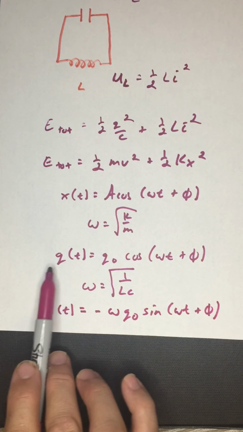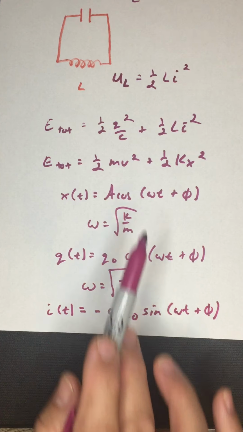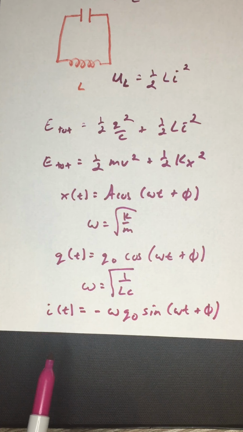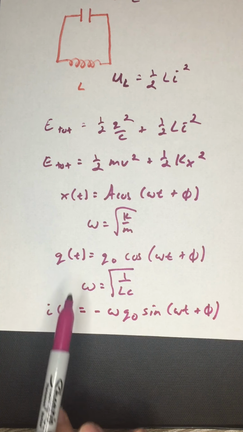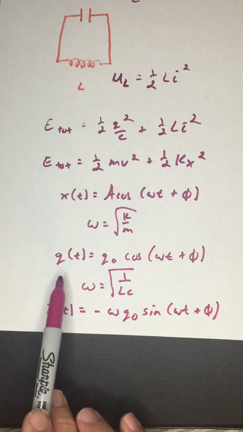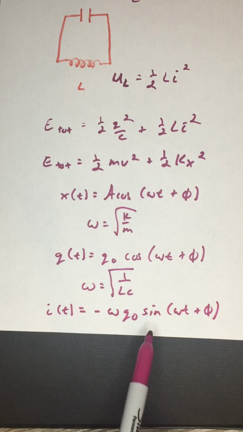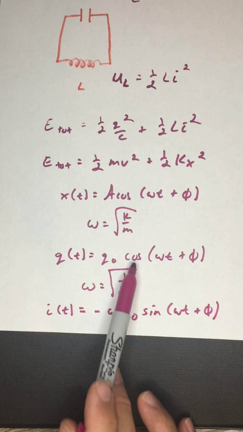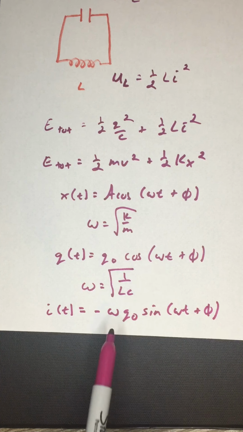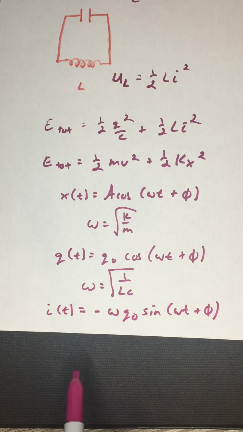So I got this expression from analogy to my mechanical system. I got this expression just from applying the definition of current, which is the time derivative of the charge. Take the time derivative of this, you get minus sine from the cosine. Chain rule gives you this omega out in front. Q naught is a constant.